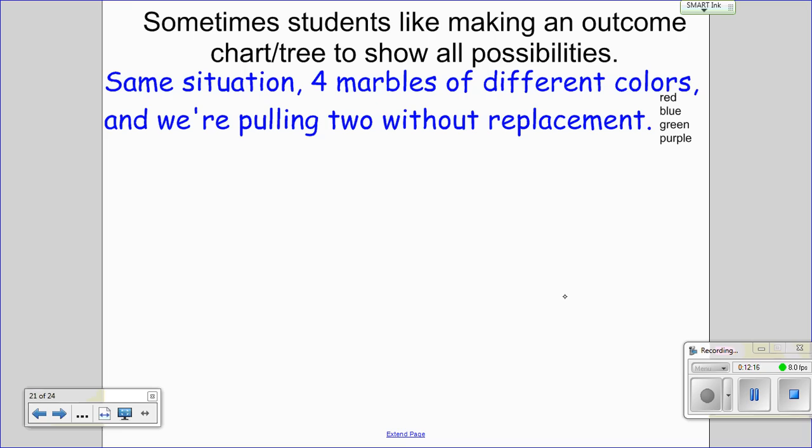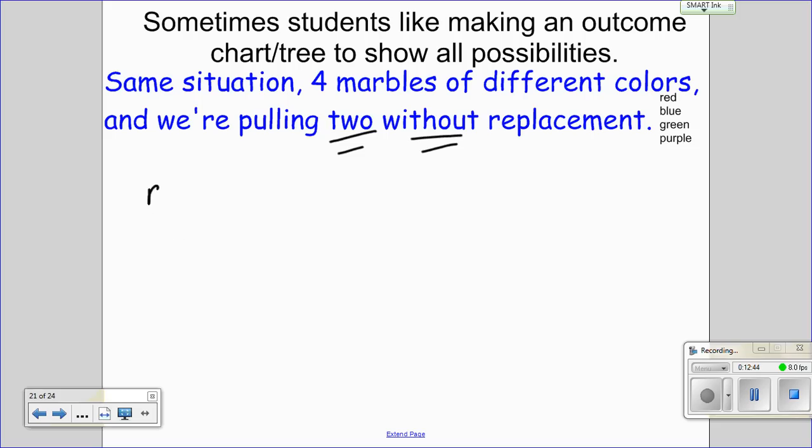Sometimes students like to make an outcome chart or tree. So we're going to have the same situation for marbles, and we're pulling 2 without replacement. So on my first try, I have 4 different options.